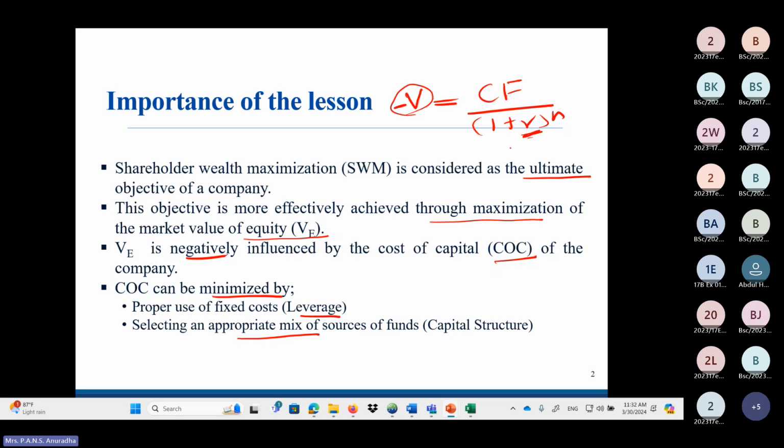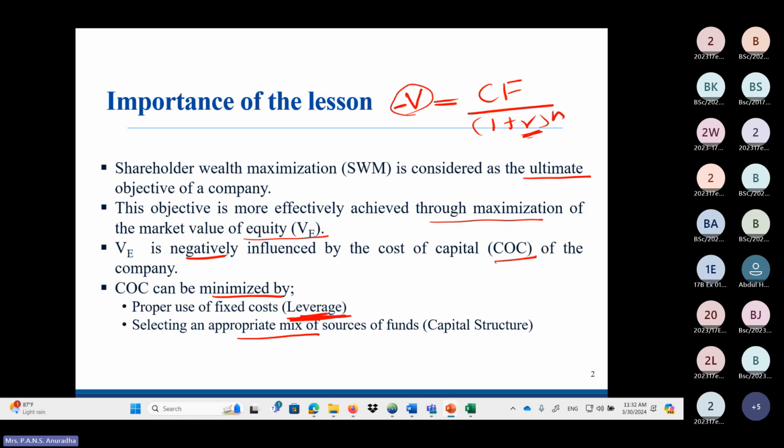So cost minimization you can achieve by using leverage, or what we call use of fixed cost. Leverage means use of fixed cost, or by using the optimal capital structure. Capital structure means how to finance the capital. Optimal capital structure means the optimal debt to equity combination.